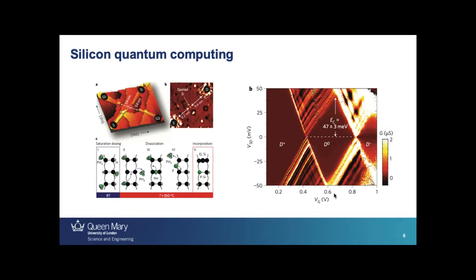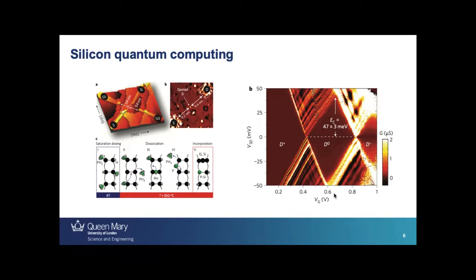So if you have one electron sitting on the phosphorus donor and you want to put an extra one on there, you have to pay the charging energy because they repel each other, the Coulomb interaction. And therefore, for some combination of gate voltage and bias voltage, you don't have enough energy to hop across. And this is known as Coulomb blockade because of the Coulomb repulsion of the electrons. So what this shows you is a single electron tunneling across a device made of a single phosphorus atom in silicon. So this was sort of what people could do in Sydney when I finished my PhD there.